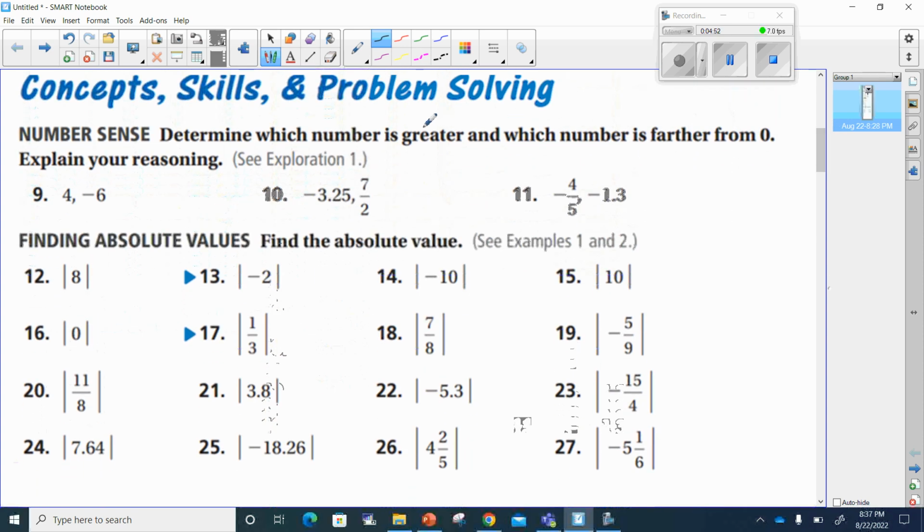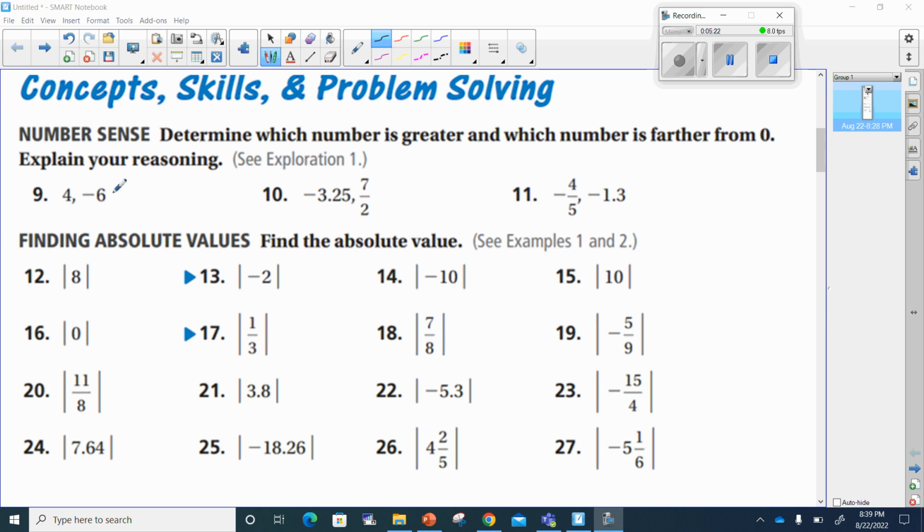Determine which number is greater and which number is farther from 0. All right, to do this, we're going to have to put our brackets around here, and that's going to tell us how far everything is from 0.